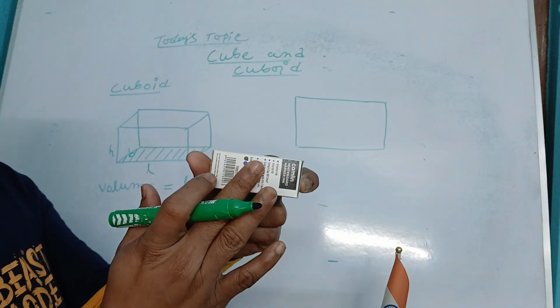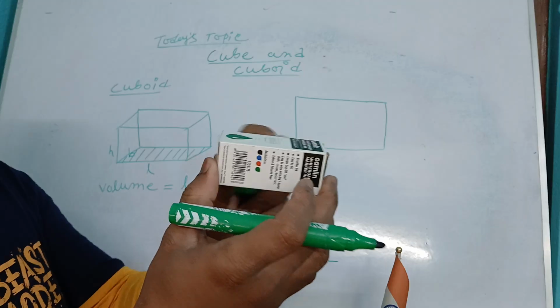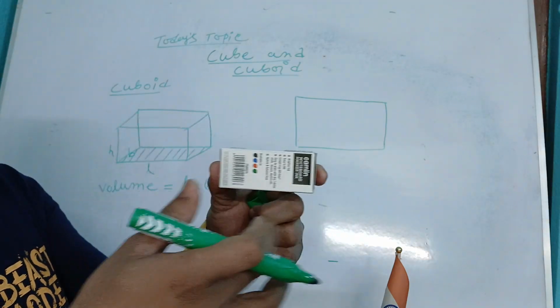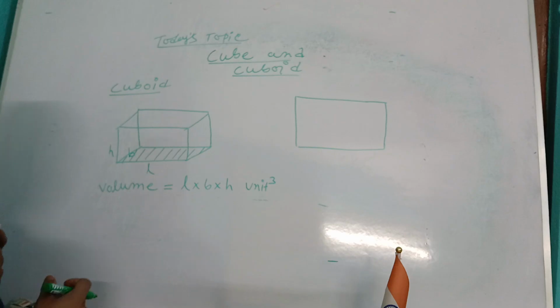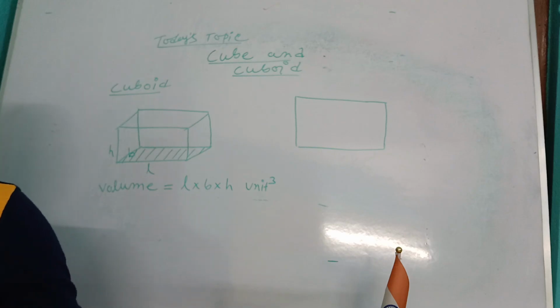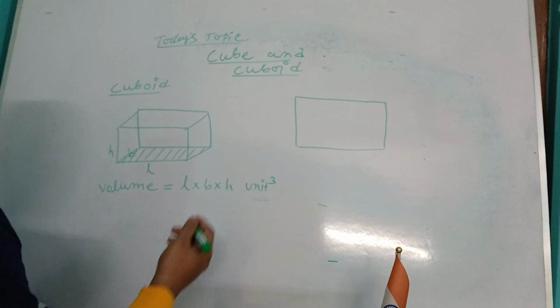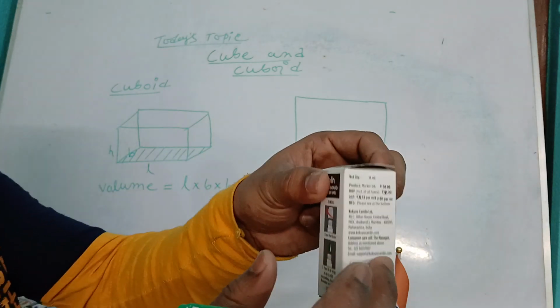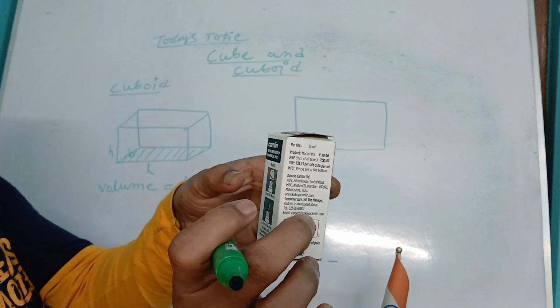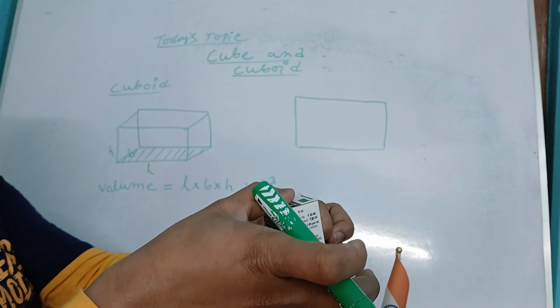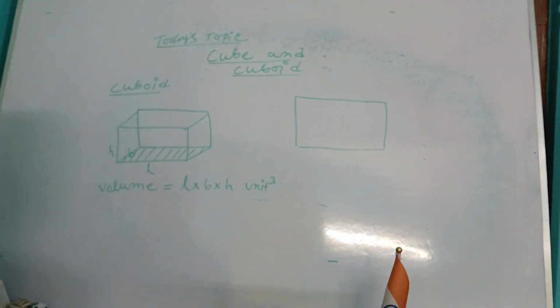One face, back side another one, top, bottom, two sides, left, right. So this is also an example of a cuboid. How many faces are there? One behind this, one, two, then one set, two sets, three sets. The total six faces are there.